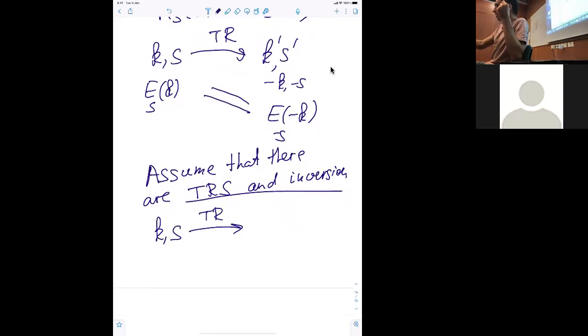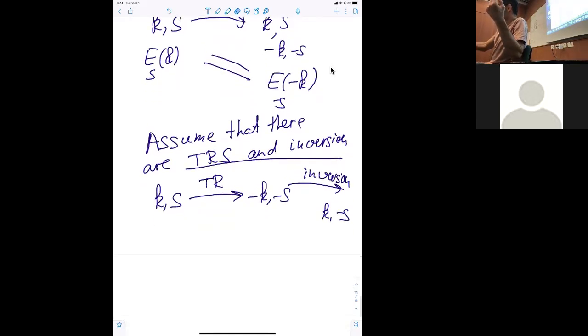Time reversal sends it to the state -K -S, which has the same energy as the original state. Then I apply inversion symmetry. This sends me to the state K -S, and because it's sent by symmetry, it has the same energy. So if I have both symmetries, I actually show that the states K S and K -S have the same energy.